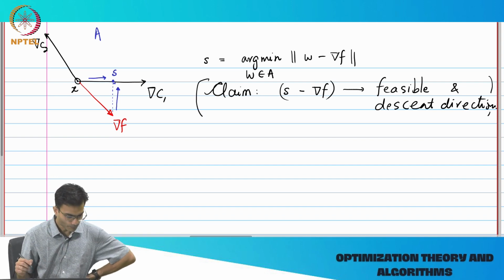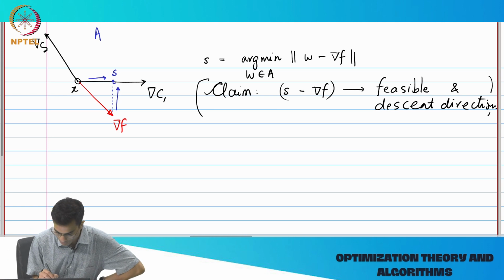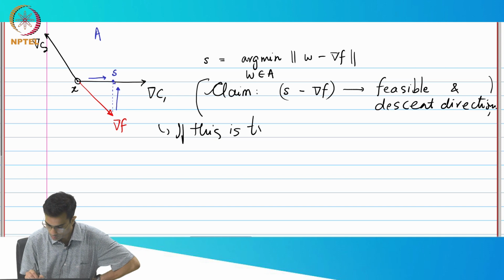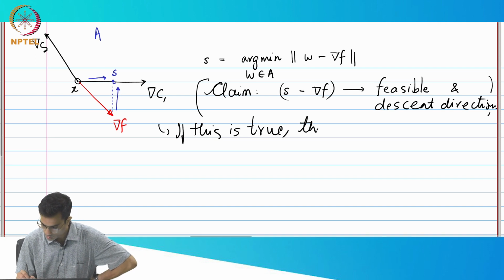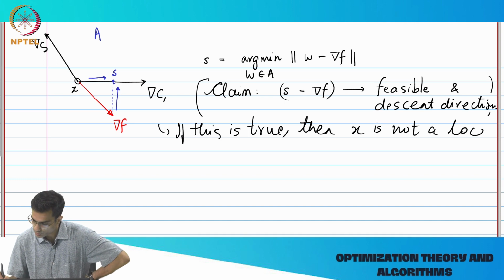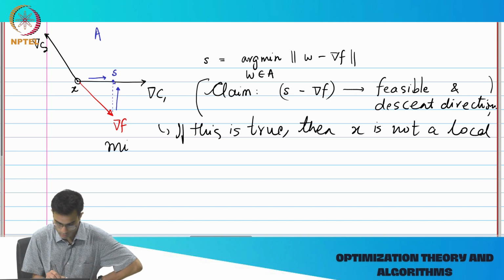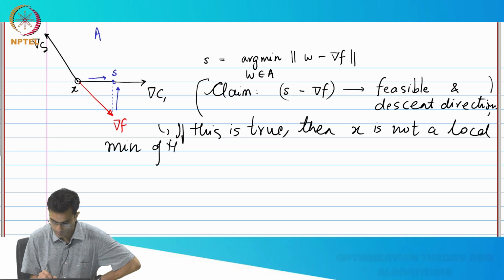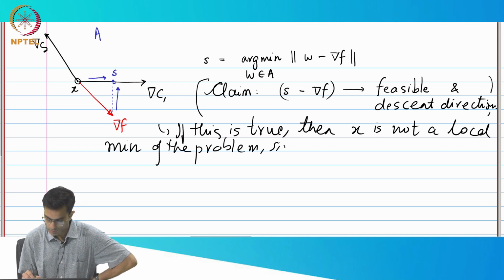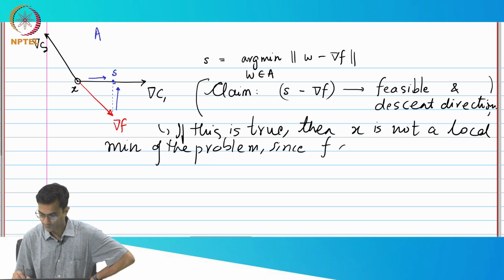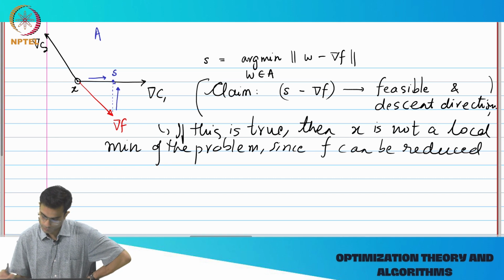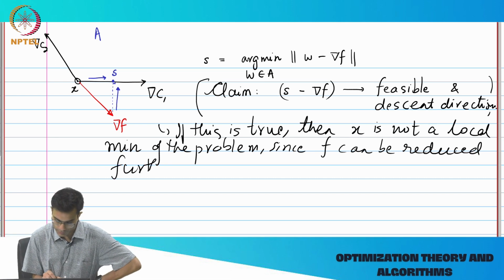Okay. So let's just make a note over here. If this is true, then x is not a local minimum of the problem, since f can be reduced further.